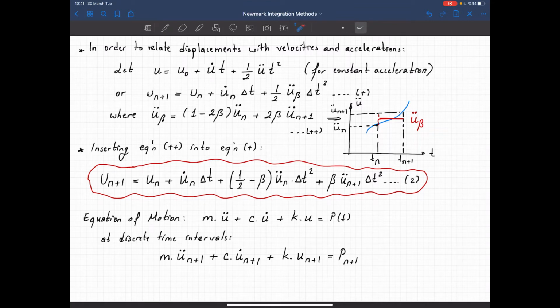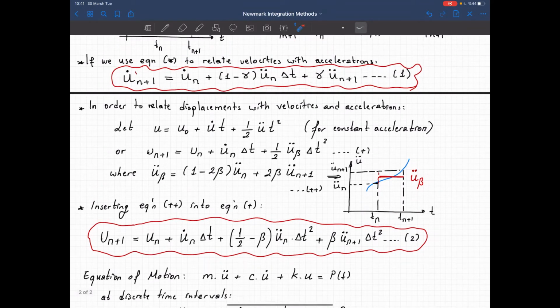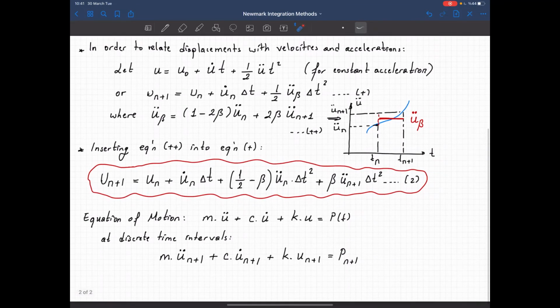So what we do is, for u double dot n plus 1, we don't do anything. For u dot n plus 1, we just insert this equation into this one, and for u n plus 1 we insert this equation right here, and we obtain an equation that gives us the u double dot n plus 1 for the upcoming time step.